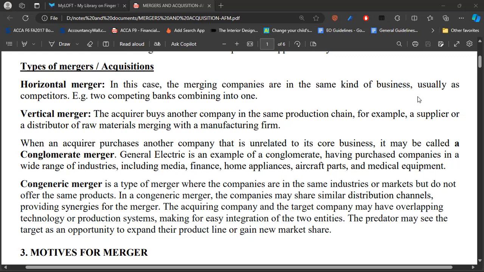We normally have another type of merger called a conglomerate merger, which is a merger between two firms in unrelated lines of business. The main aim of this type of merger is risk diversification. For example, take Family Bank.